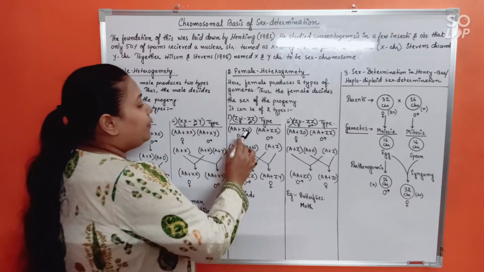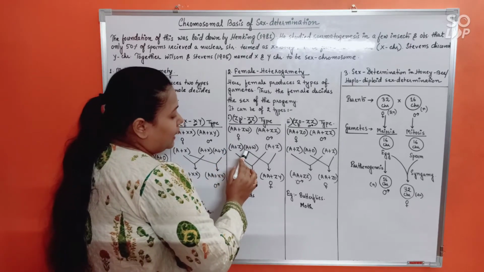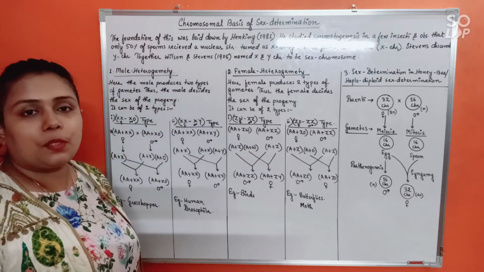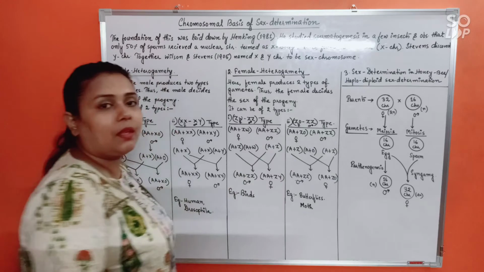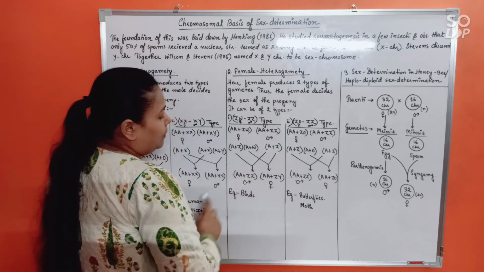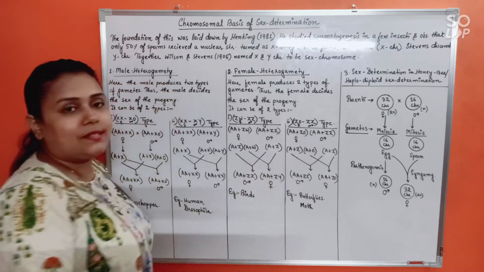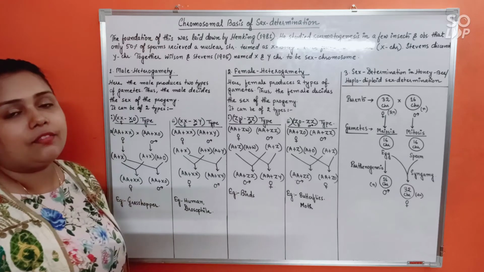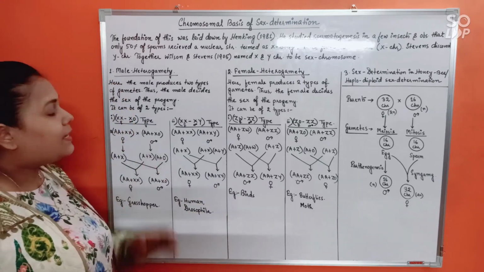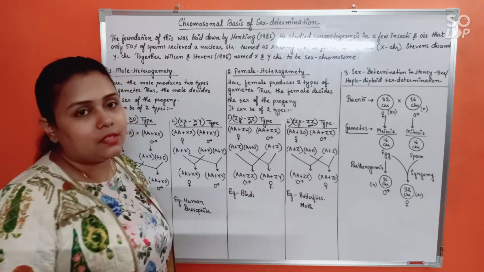Alright, so the female here will produce two types of gametes, A plus Z and A plus W, whereas for the male it will be only one type of sperm produced, A plus Z. So if A plus Z fuses with another A plus Z, it will be of course a male, and if A plus W fuses with A plus Z, it would be directly a female. Alright, this process is exactly the opposite of XX-XY type actually. Okay, and it occurs in birds.